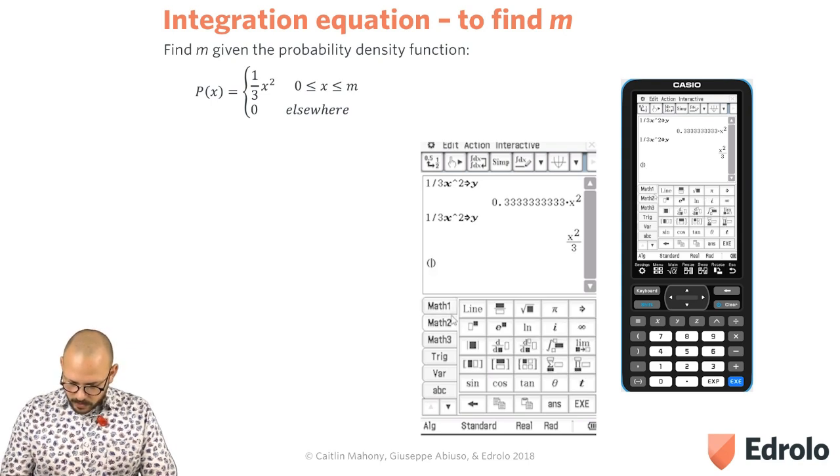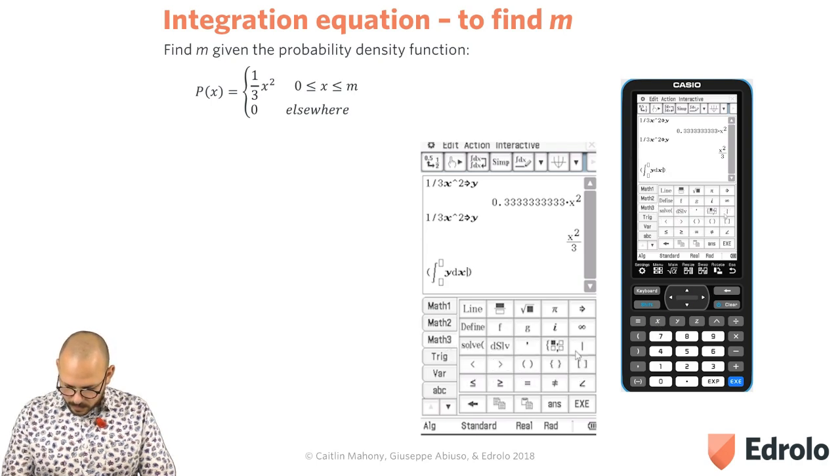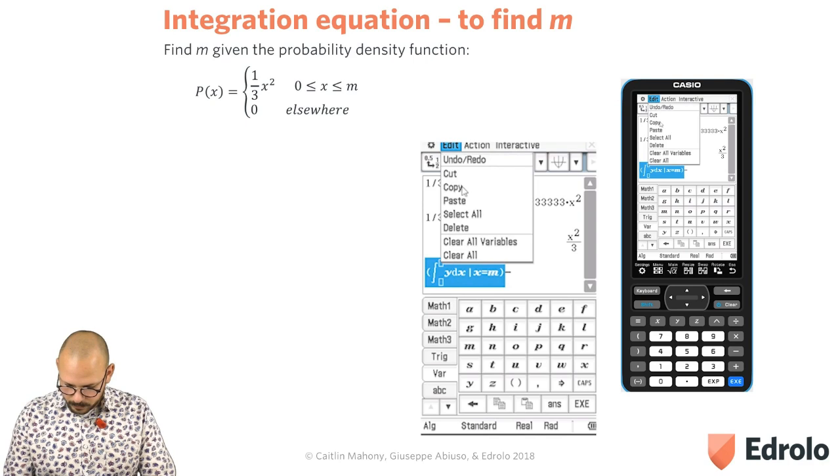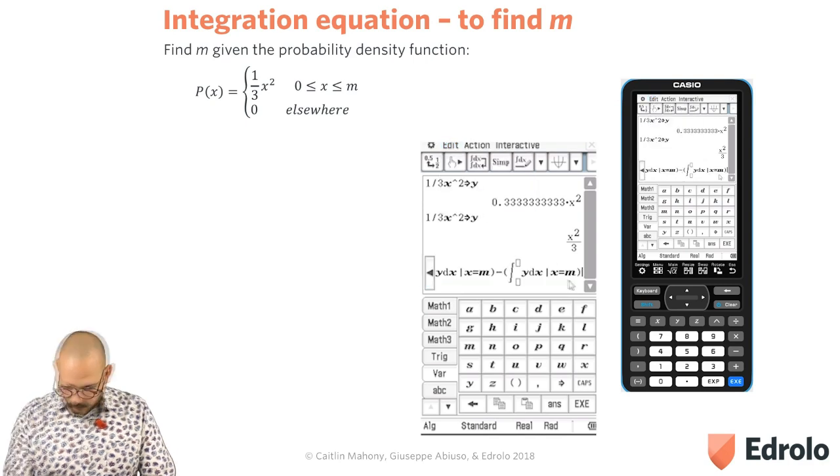So we're going to want the integral of y dx evaluated at x equals m. And then we want to take away this same deal, except we're evaluating it at 0.